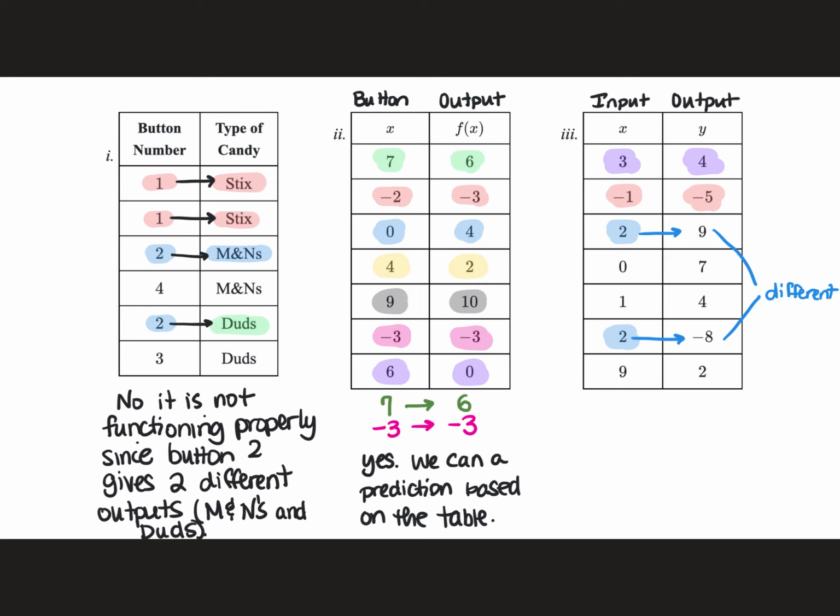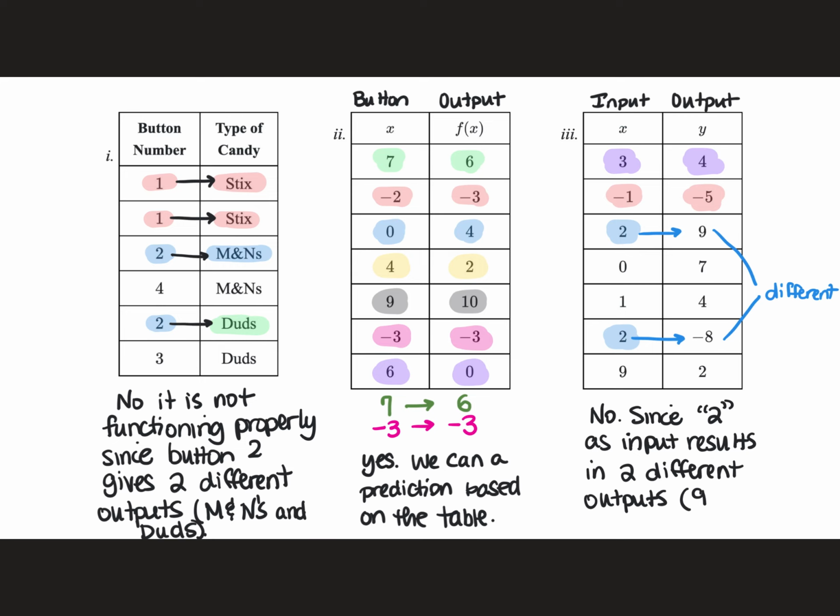So as we summarize here, we would say no, since 2 as an input results in 2 different outputs. We'll just put in parentheses here 9 and -8.